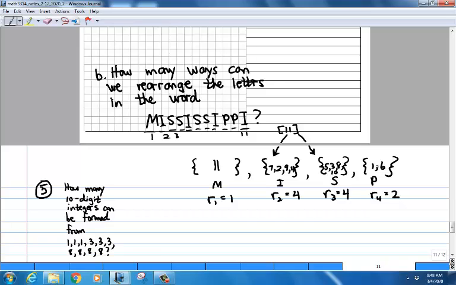So now here's the second part. I'm claiming that this set of partitions, which I really don't have a notation for, is a model for the ways of arranging these letters. Okay, so can you take this partition and tell me what arrangement of letters this corresponds to?